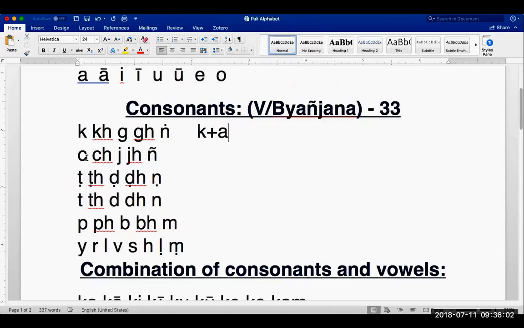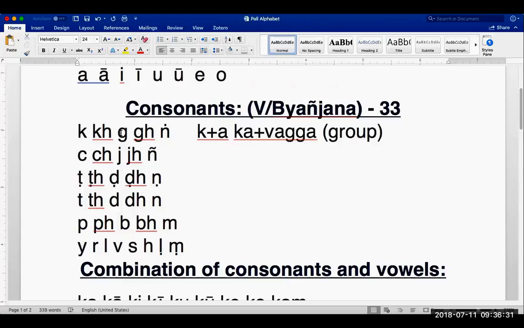And then we have what is called kavagga. This is called kavagga because it starts with k. Vagga actually means a section or group, so it's like the k group, the beginning letters, starting with k.